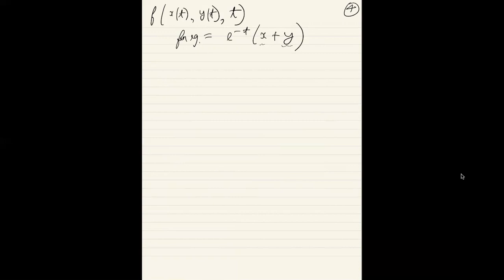These types of examples show up a lot in physical chemistry, in physics and chemical physics. So here we can write down the total derivative as df is equal to partial f by partial x dx plus partial f by partial y dy plus partial f by partial t dt.